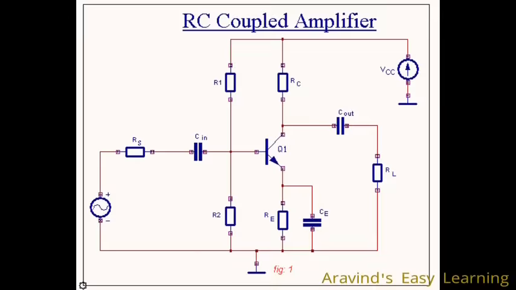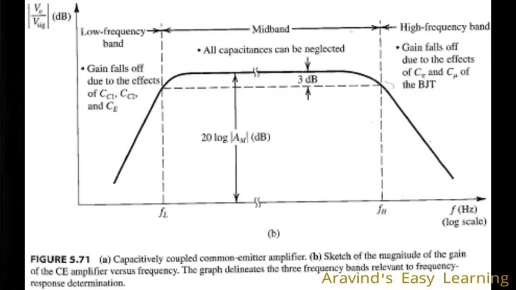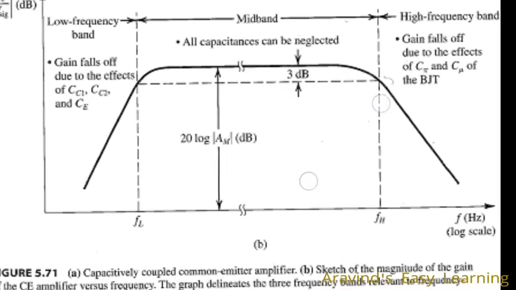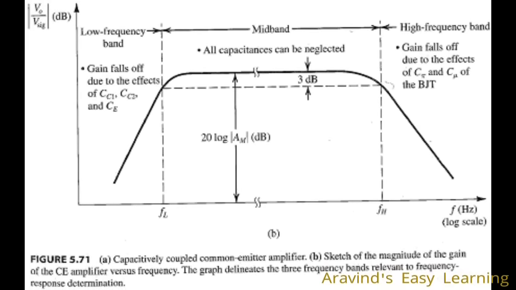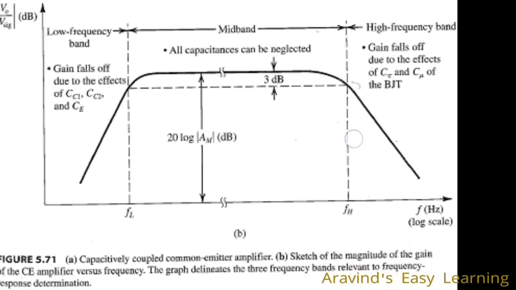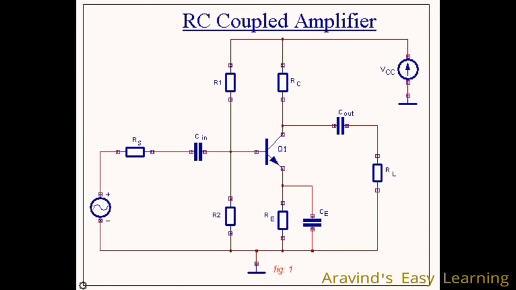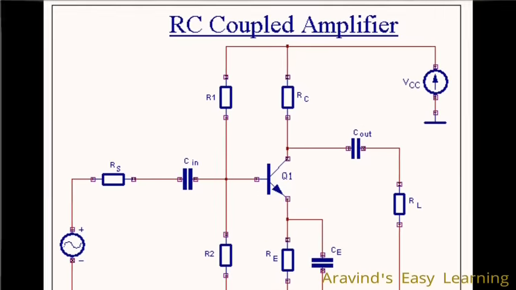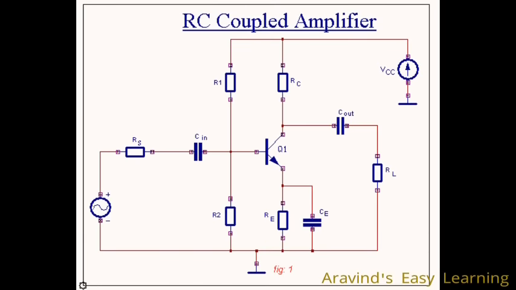I hope you got some idea about how this bandwidth occurs, and I hope you didn't get confused, because this is actually my first lecture on YouTube, and I'm an amateur. I hope this could help you in some way to get an idea about the RC coupled amplifier.